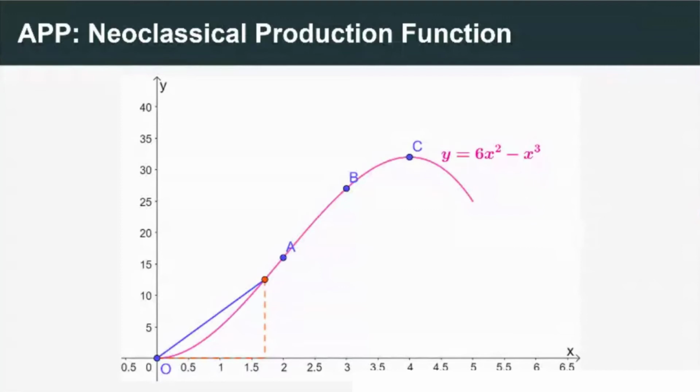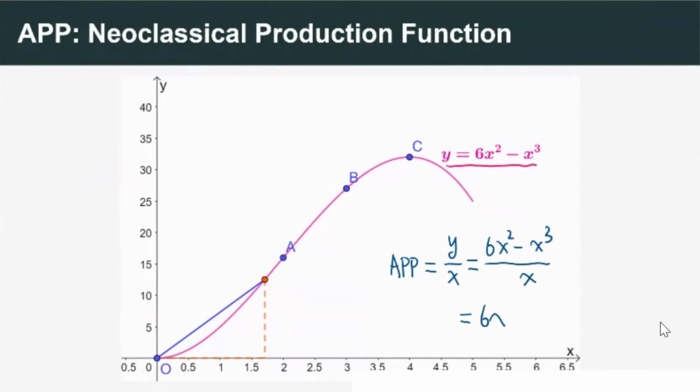What if we have a nonlinear function? Here I use the neoclassical production function as an example. For example, suppose y equals 6x squared minus x cubed is a production function. Then how can we get the APP? We can calculate APP equal to y over x again, and 6x squared minus x cubed divided by x.